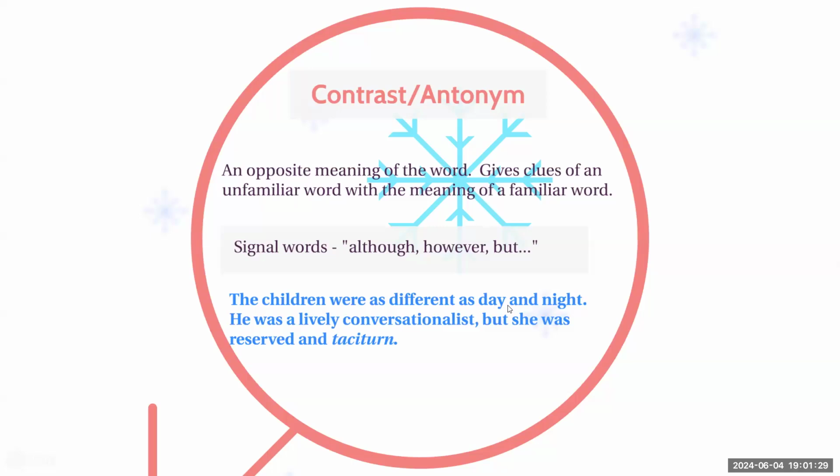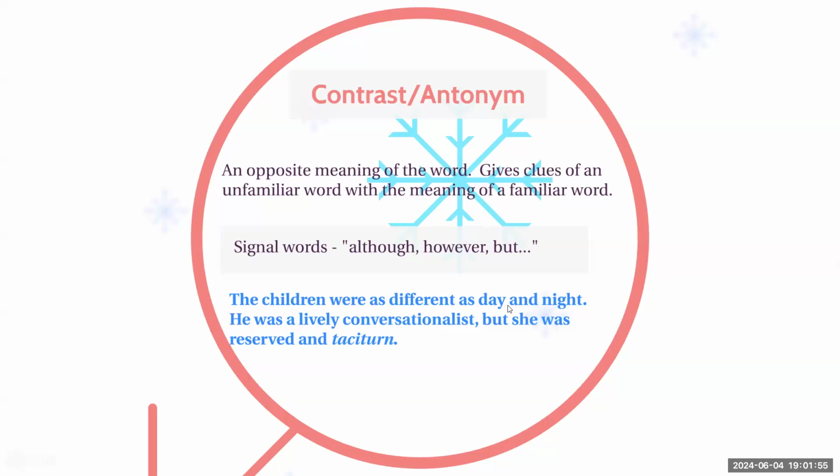So here's our example. The children were as different as night and day. Were they the same? Were they the same? They were different, right? So the children were as different as night and day. He was a lively conversationalist. Conversationalist is someone who has a lot of conversations, right?